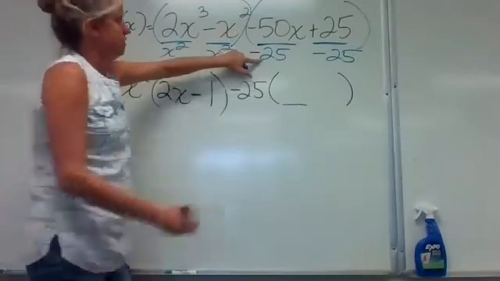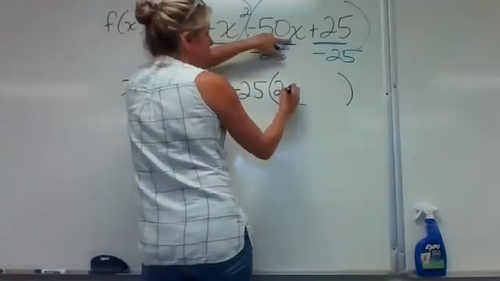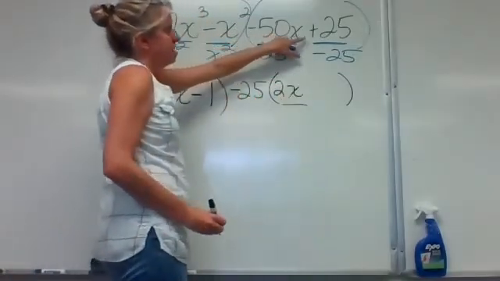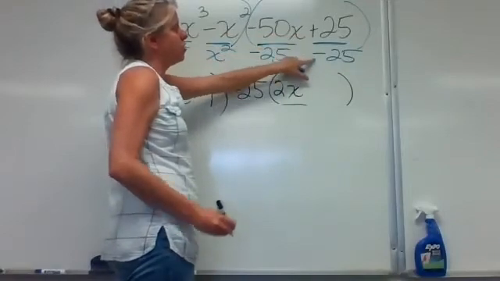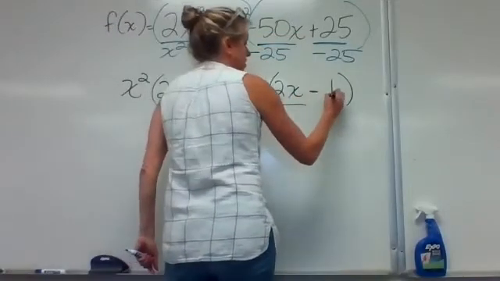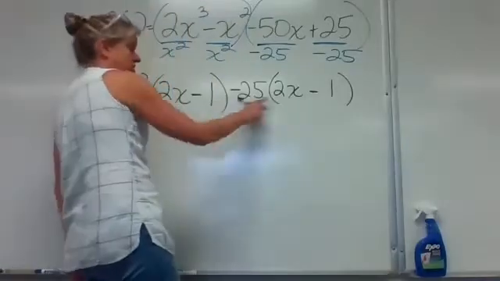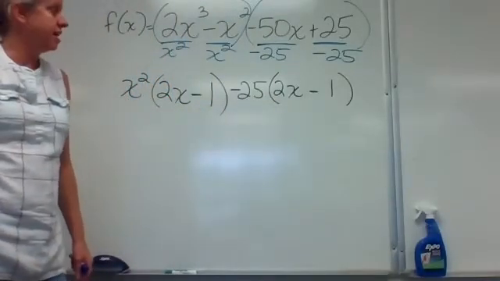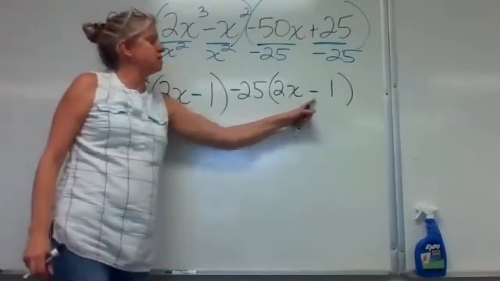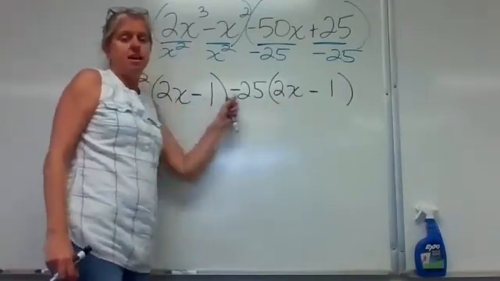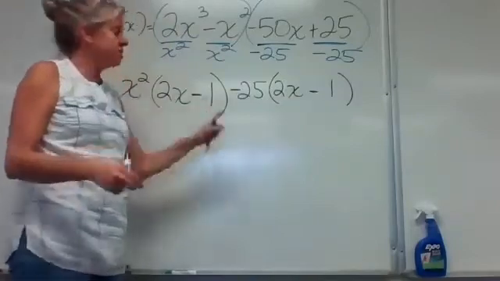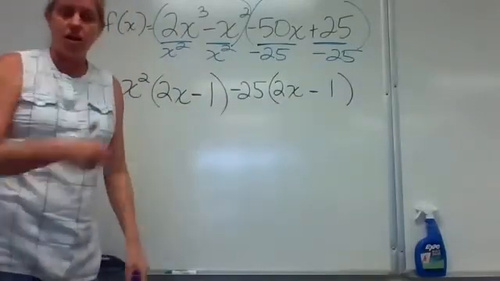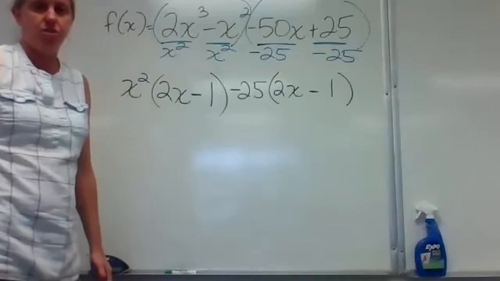Positive. 50 over 25 is 2x. And what's positive 25 over negative 25? Negative 1. So these are the same. If you get to this point and these look the same, except for their signs, that just tells me I should have pulled out a negative to change the signs too.